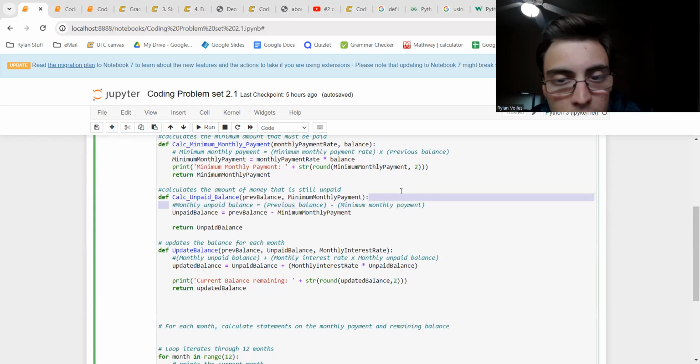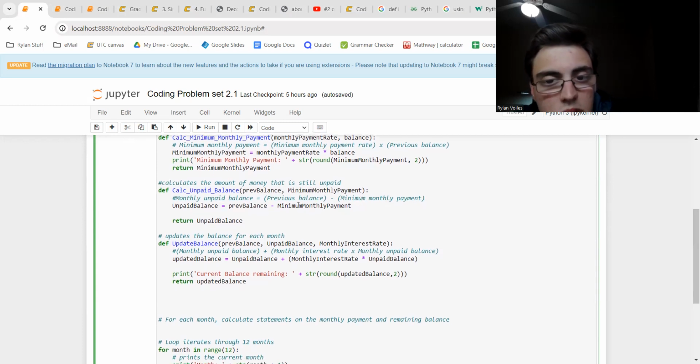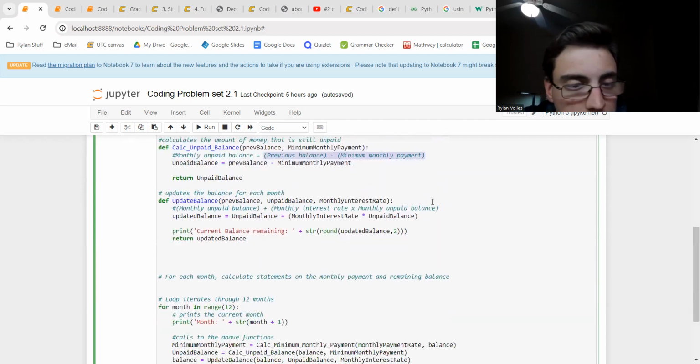As you can see here by the math in the comments, and by the code below, it finds the monthly unpaid balance by subtracting the minimum monthly payment from the previous balance.